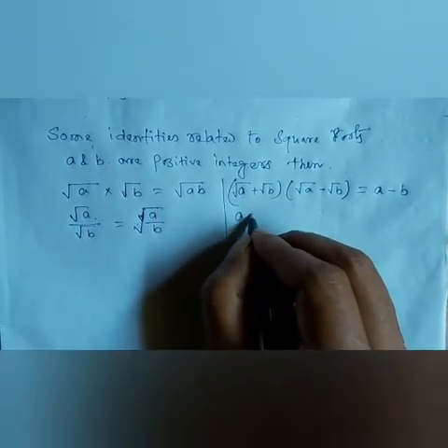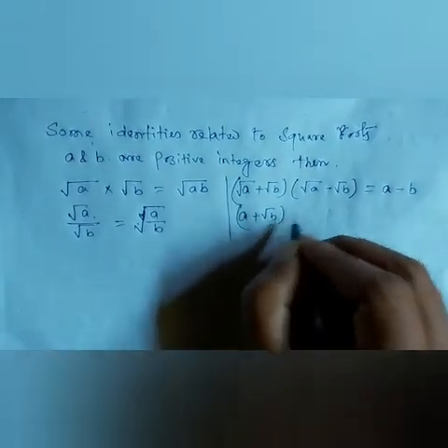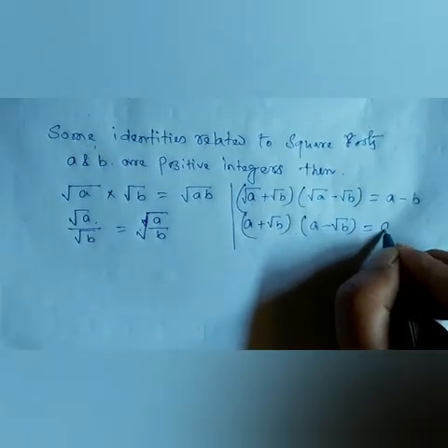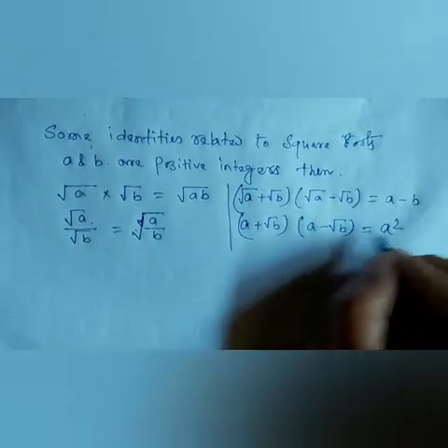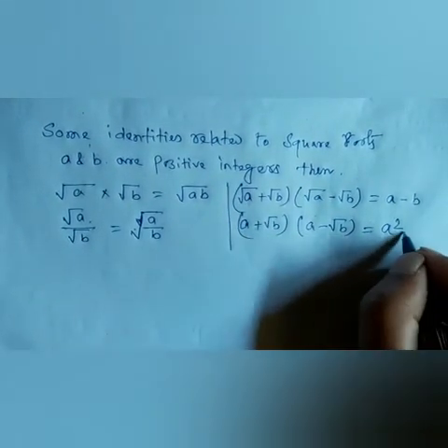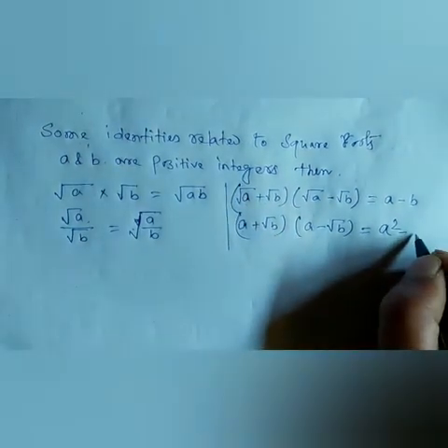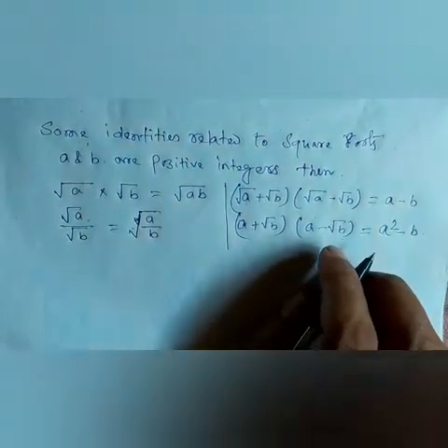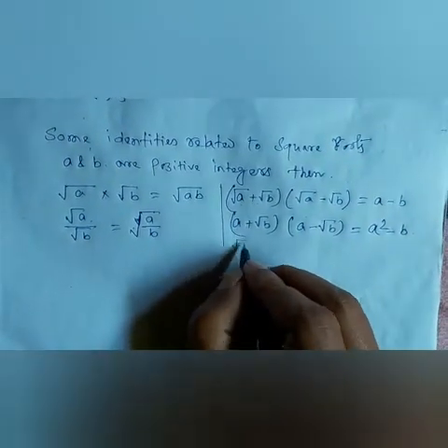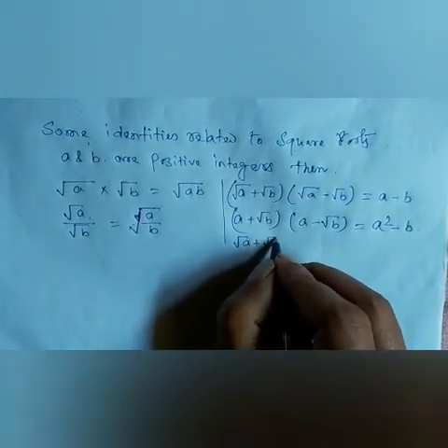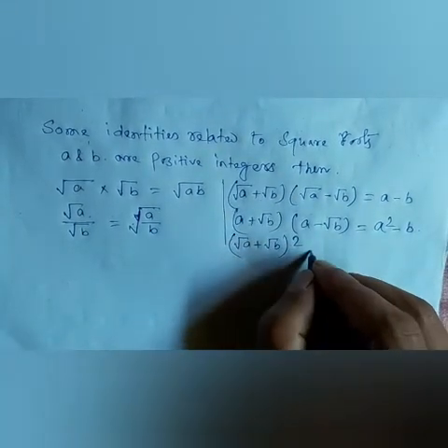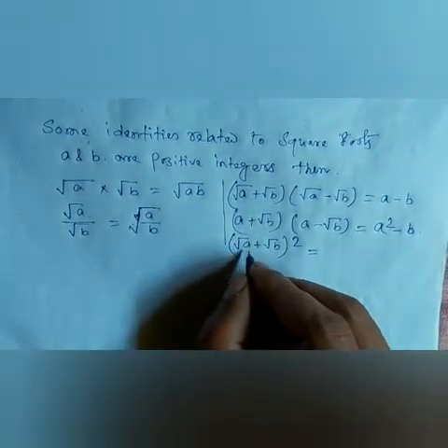Similarly, A plus root B into A minus root B is equal to A square, then the plus minus, so minus root B into root B, this one is B, so A square minus B. And last one is root A plus root B whole square.